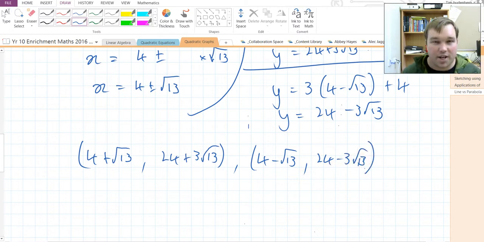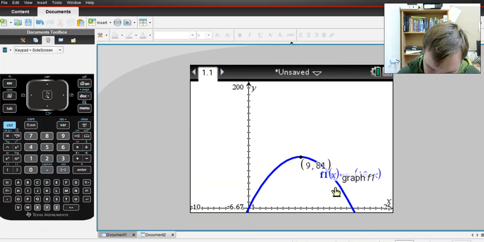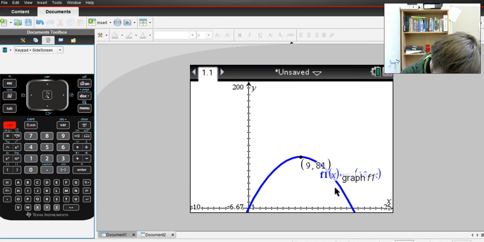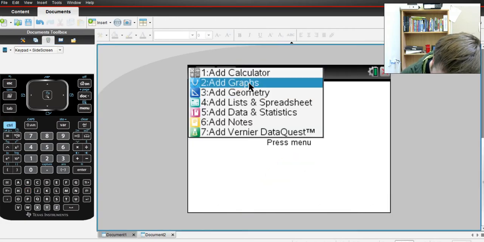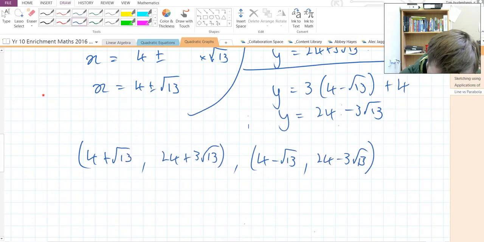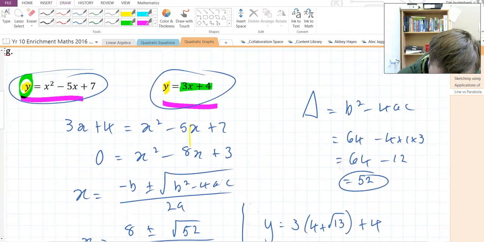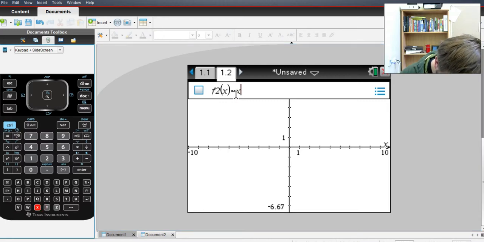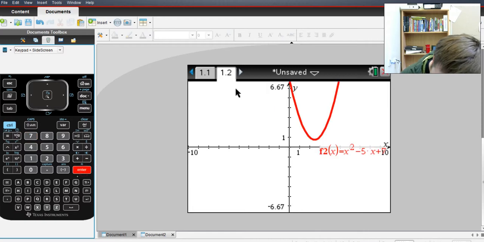Alright, now, if we want to check our solutions, we can put those equations in the calculator. Control I, escape, escape, Control I, new graph. X squared take 5x plus 7. One quadratic, the other one is 3x plus 4.